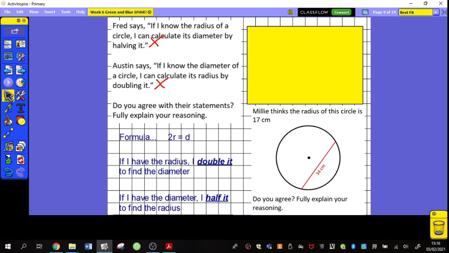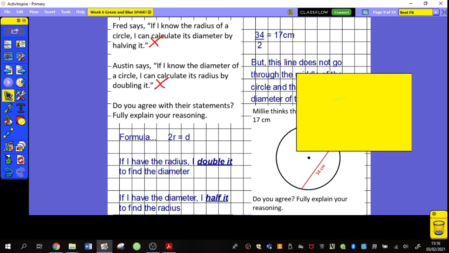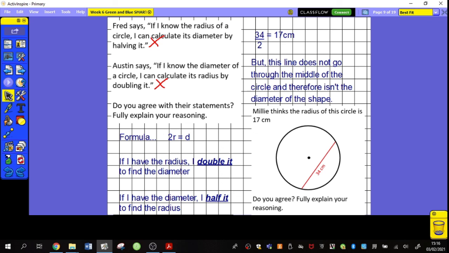Over here, Millie thinks the radius of this circle is 17 centimetres. Do we agree? Well, 34 divided by 2 is 17. So she's done the correct calculation. However, her problem is that this line does not go through the middle of the circle.